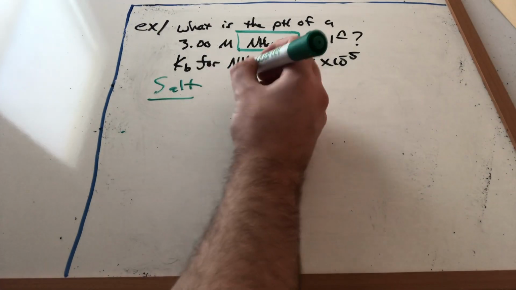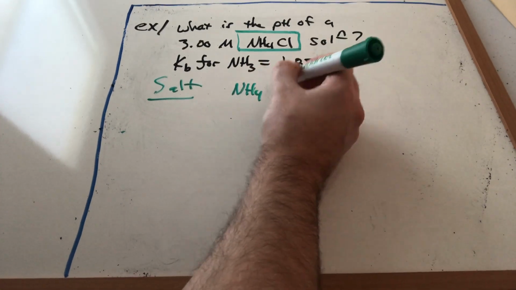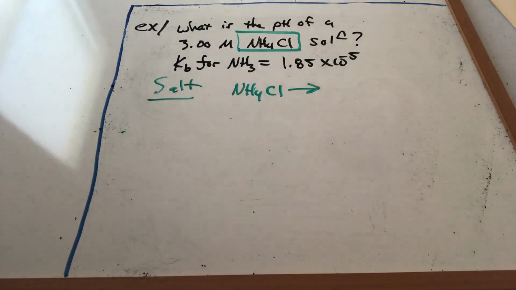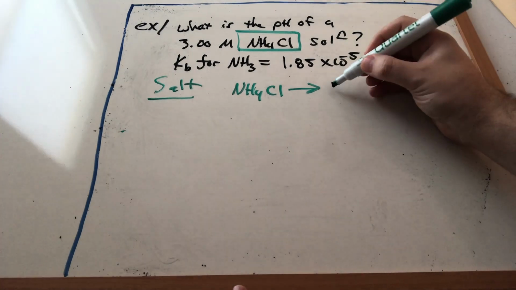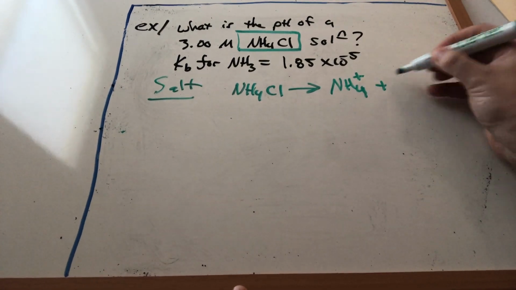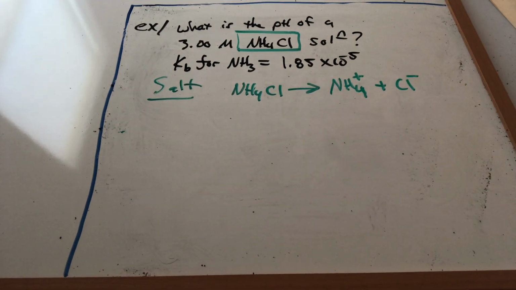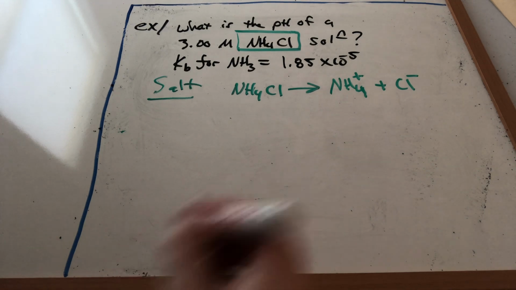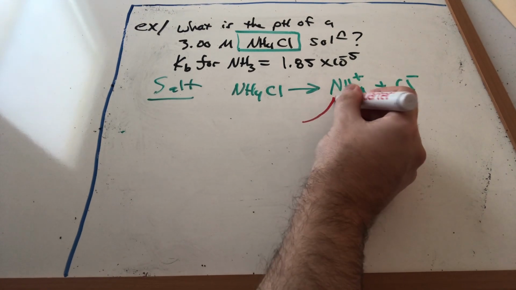For sure. So what do you do with salts? You go NH4Cl. You know that it breaks down in water. You do a dissolution. It breaks into NH4 plus and Cl minus. And then you ask yourself, in terms of acids and bases, where have I seen these species before?